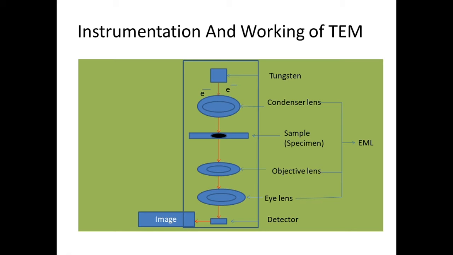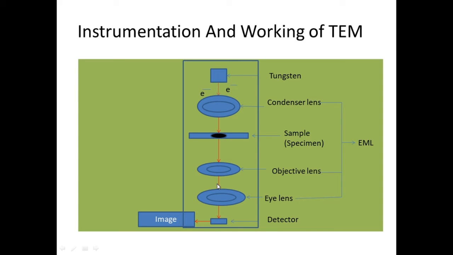Then the electrons can be focused through the condenser lenses toward the sample, then the objective lenses, then the eyepiece lenses, and then we need a detector to detect the signal.